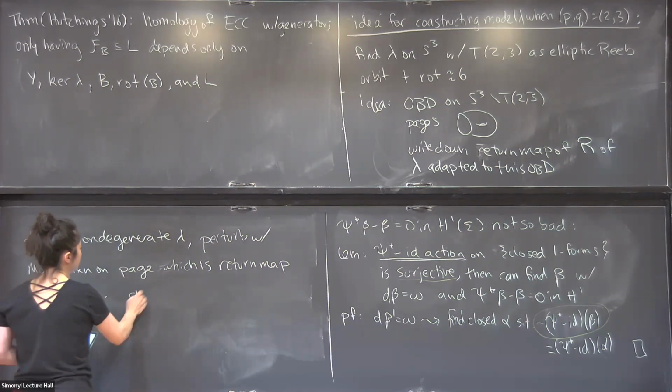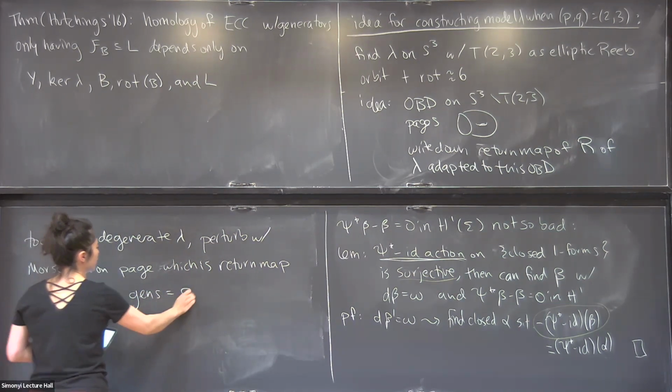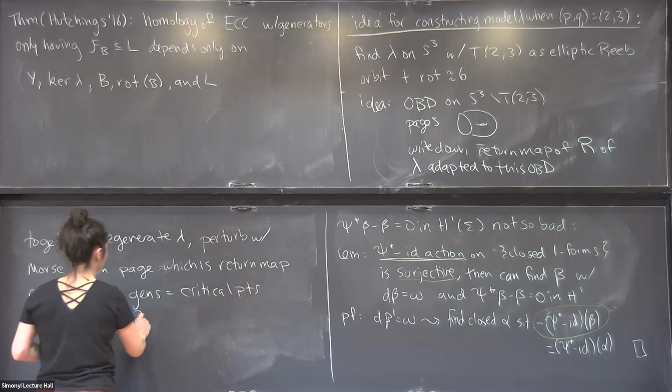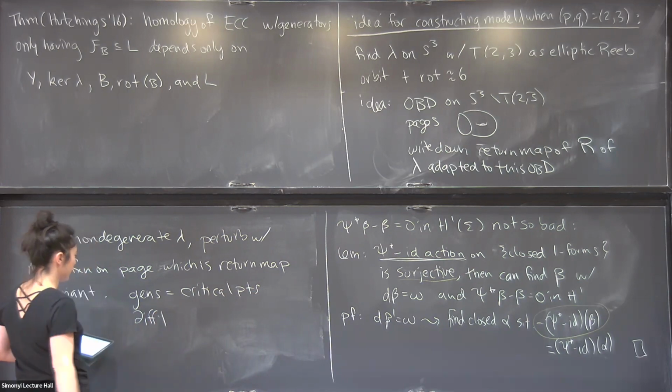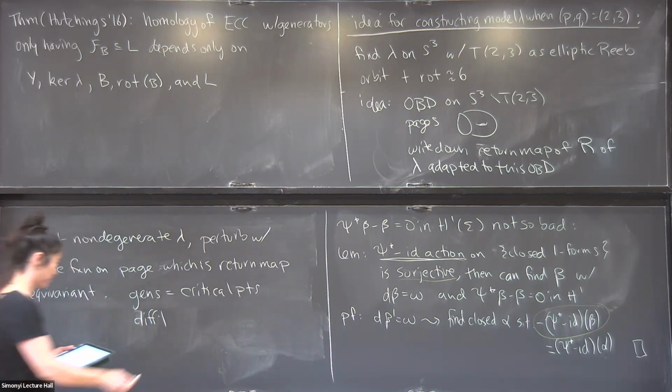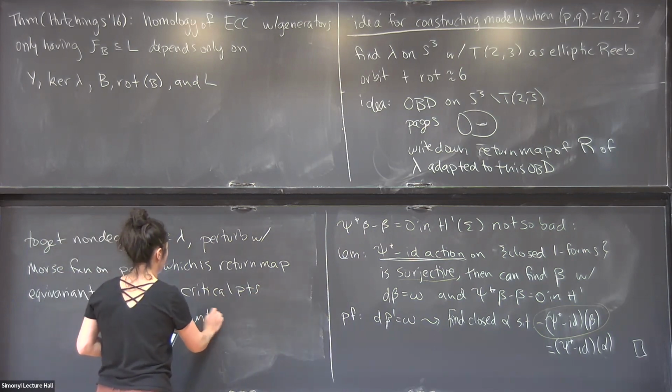And in that case, the generators are the critical points, and the differential counts gradient flow. Oh, I did not draw that D the way I normally draw these.